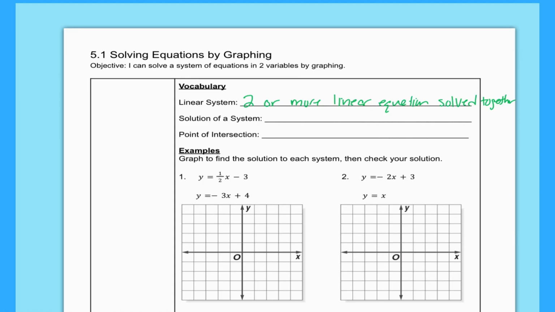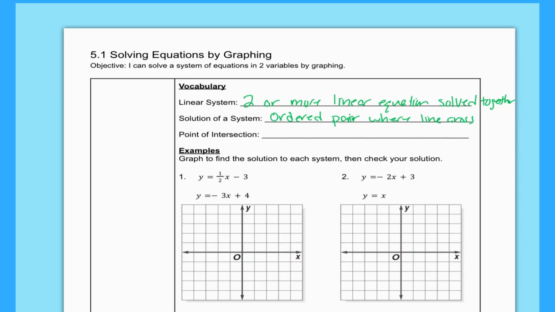So then the solution, graphically, looks like the ordered pair where the lines cross. So again, graphically, the solution is where the lines cross or intersect.